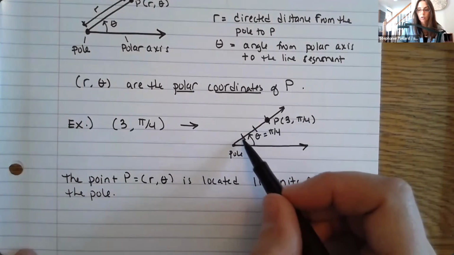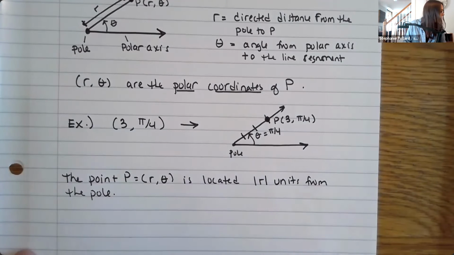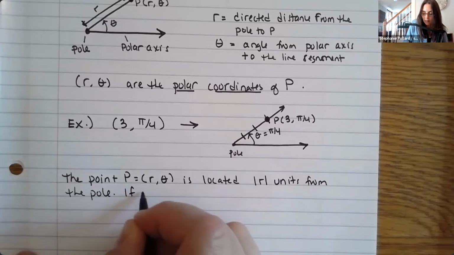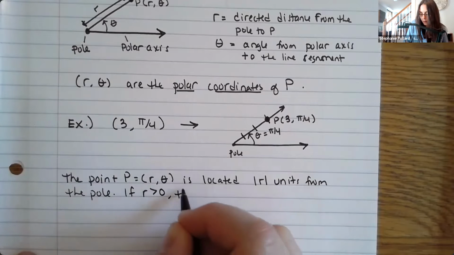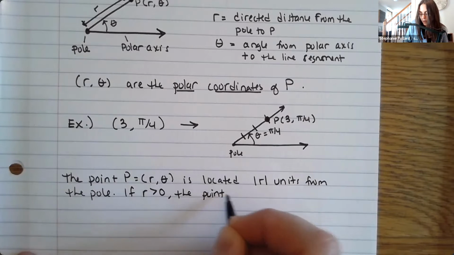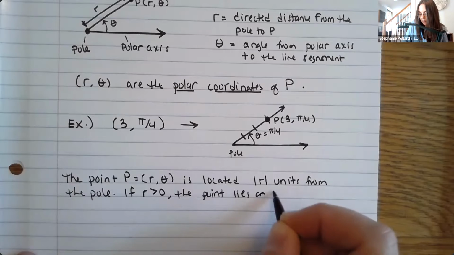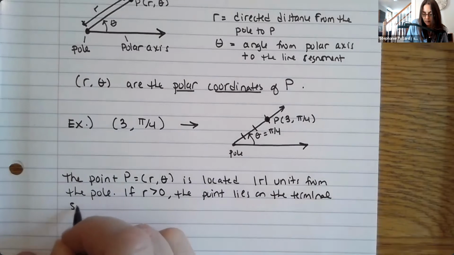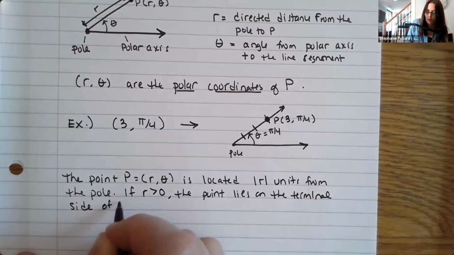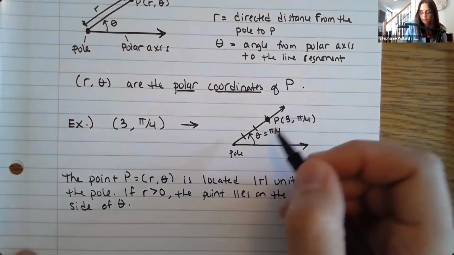We're just going out 1, 2, 3 units there. If R is positive, the point lies on the terminal side of theta, which is what we have here.